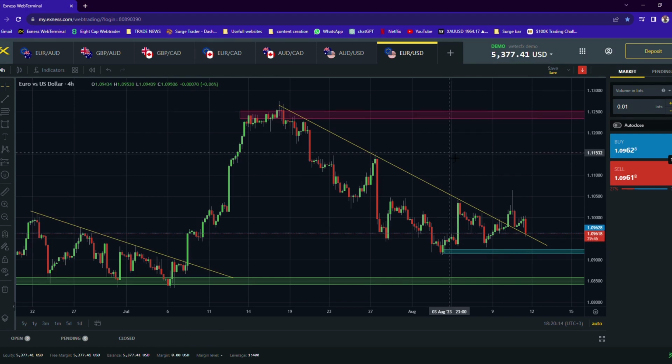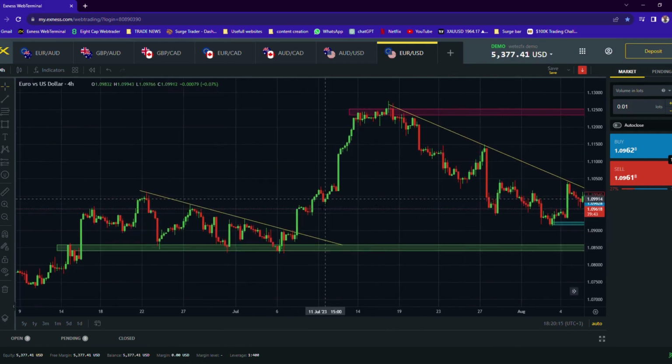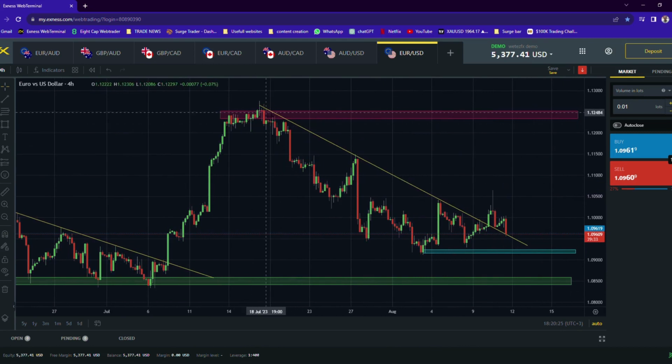So for example, we have a very good run right here that went a very good 300 pips, and we have a very good run that has been going up and down that also went a very good 250 pips. So these are two runs.